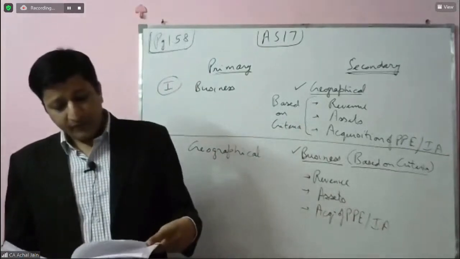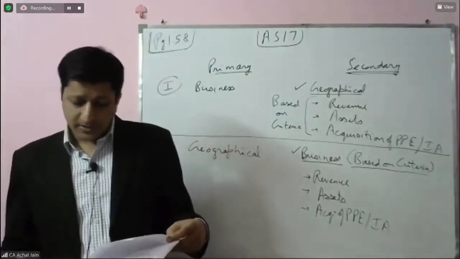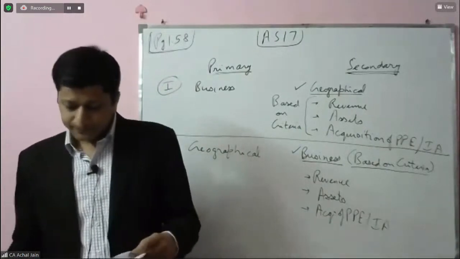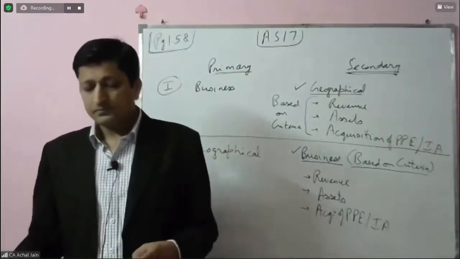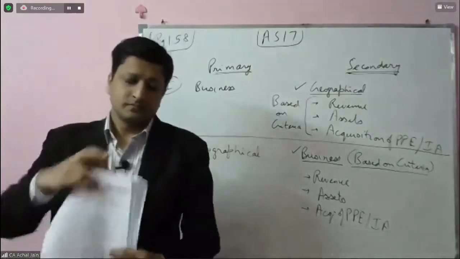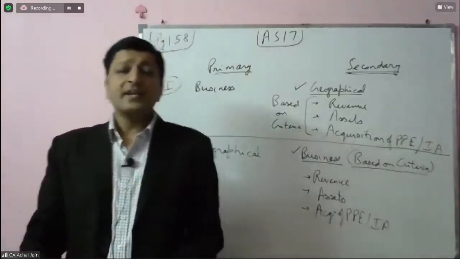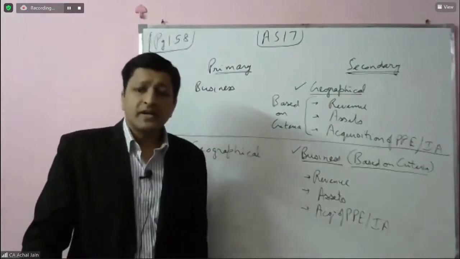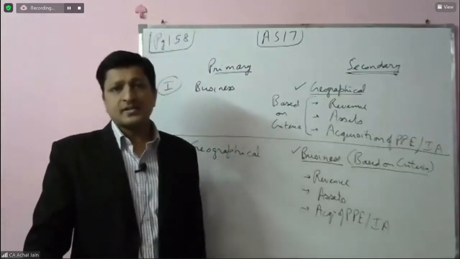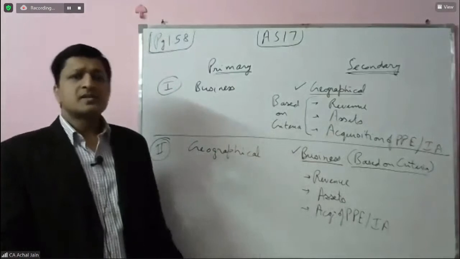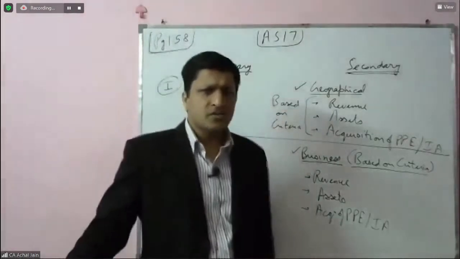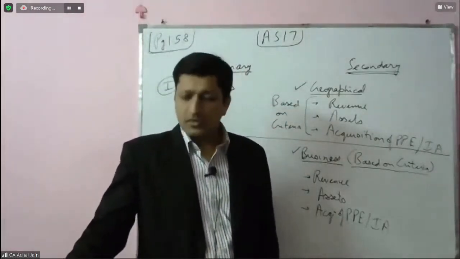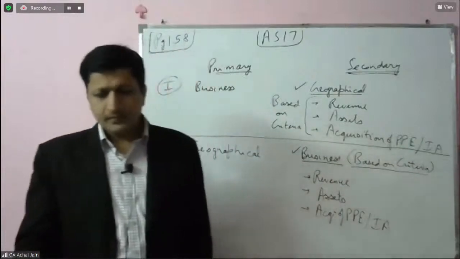And I'll clarify what are those terms that I'm referring to over here. At various places, we have talked about segment revenue, segment assets, segment liabilities, segment results. Yes or no? At various places, we have talked about it.